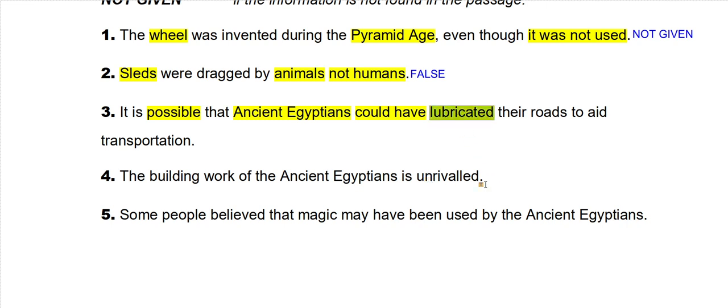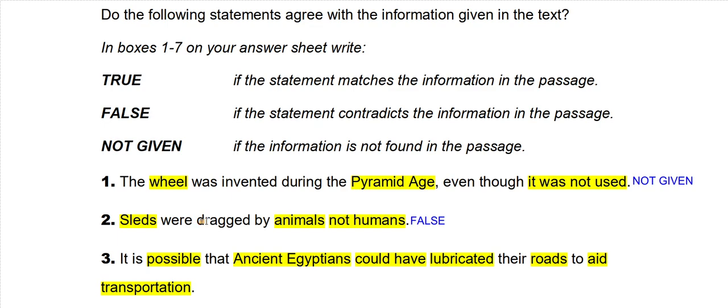What they could have done? Lubricated their roads, okay, so as to help in transportation, meaning to say they were trying to move sleds, so they lubricated by using oil or any other lubricant, so that it is easier to pull these kinds of things.